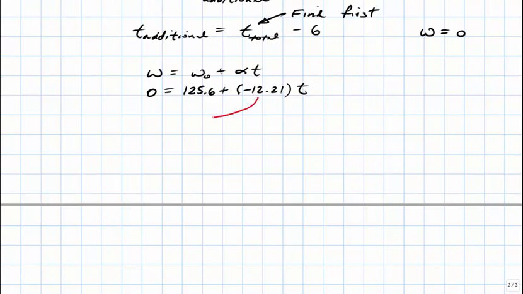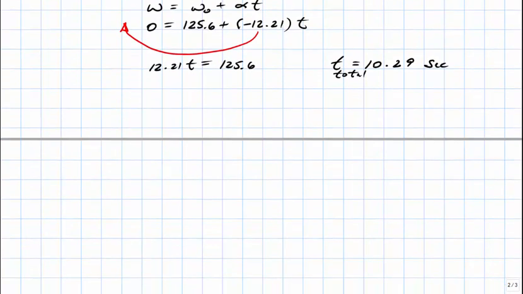Let's transfer this term to the left-hand side. It's negative on the right, and therefore it's going to become positive on the left. And so we obtain 12.21 t equals 125.6. We'll divide both sides by the 12.21, and the result equals 10.29 seconds. Now, this is the total time of motion, so we'll label it as T total.